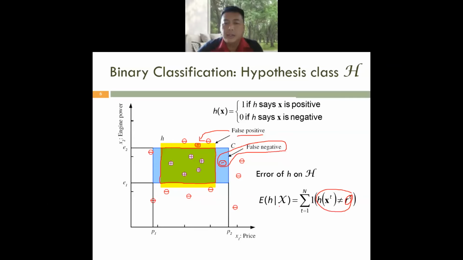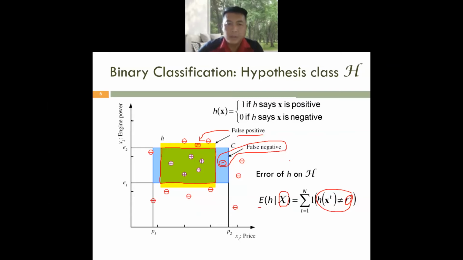Given all the 15 samples that we have, we compute the number of errors that do not match between the hypothesized one and the actual one.